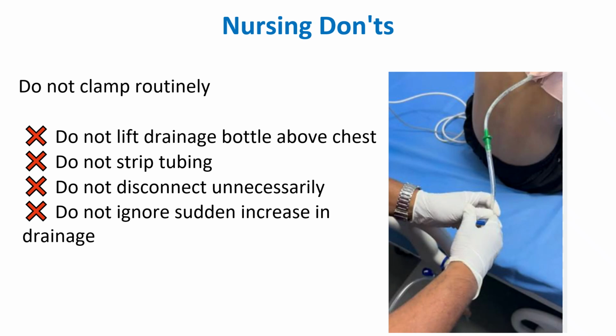They will put the strip and aspirate the chest drainage tube. That should not be done because we are causing injury, lung trauma, to the lung parenchyma. The patient also will not feel at ease when you do this stripping. Then, do not disconnect unnecessarily. Do not ignore a sudden increase in drainage. So these are some of the don'ts.